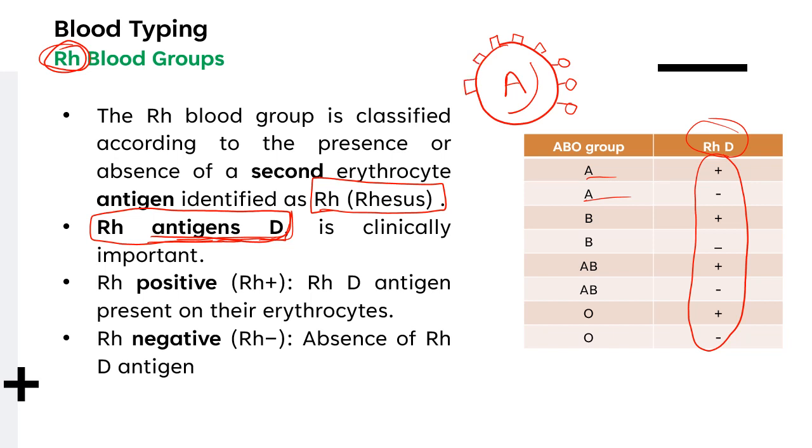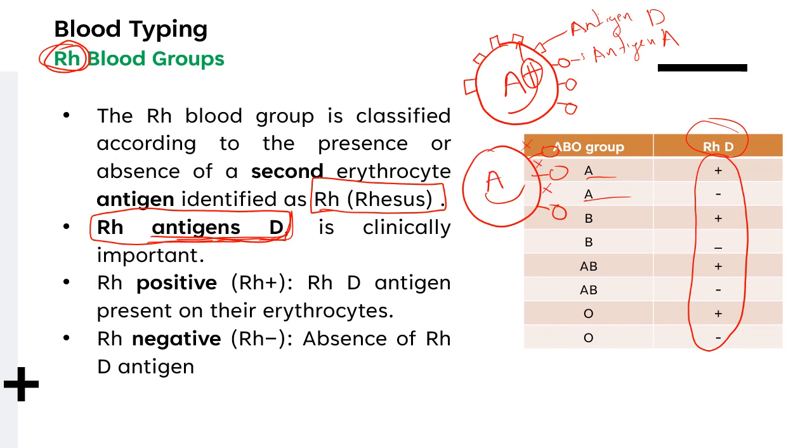So if the red blood cells have antigen D and antigen A, the person will have A positive blood. Positive because they have this D antigen. If you have a person with A blood, who has antigens A but not antigens D, that is A negative blood. And that is applicable for the rest of the blood types.